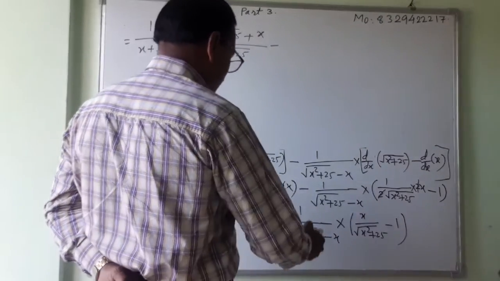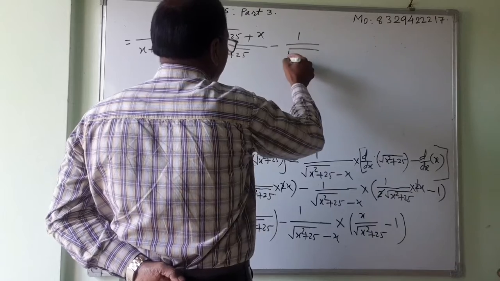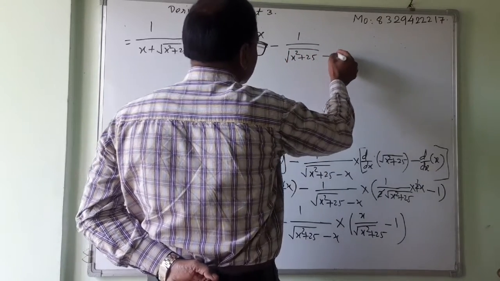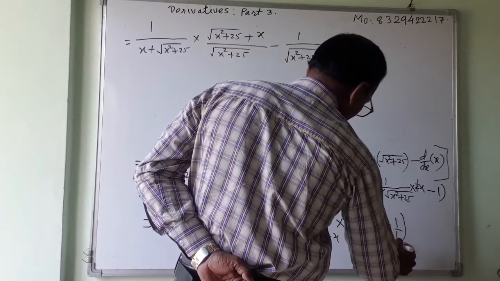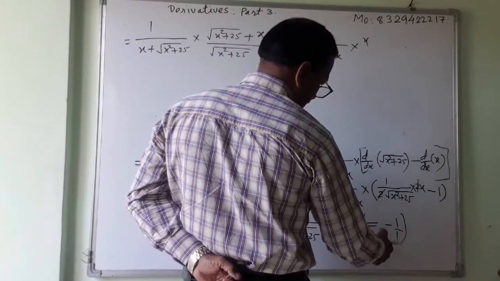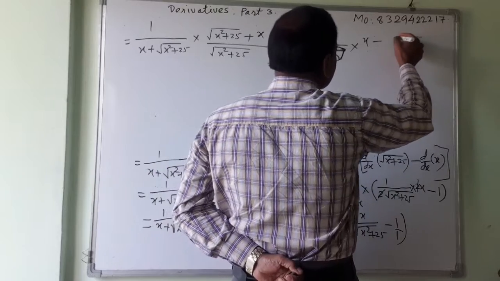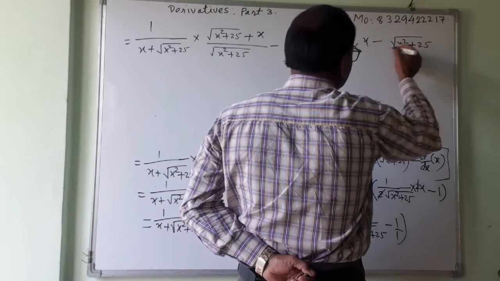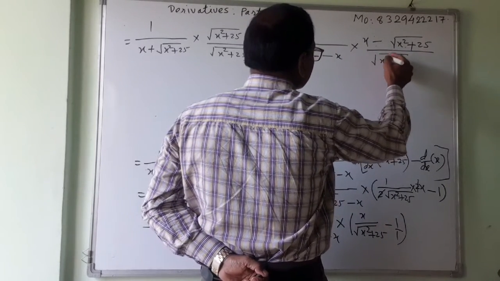This also I will simplify. This is 1 upon under root x square plus 25 minus x into, this is 1 upon 1, do this way. So x minus 1 into, this will be under root x square plus 25 upon under root x square plus 25.